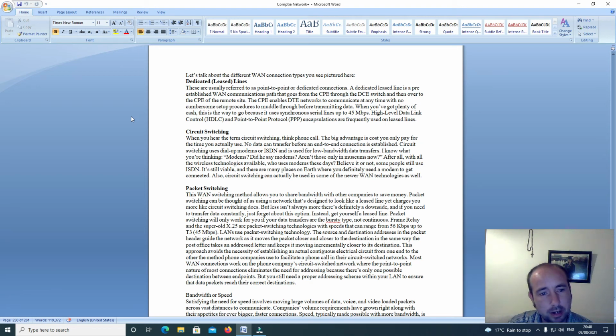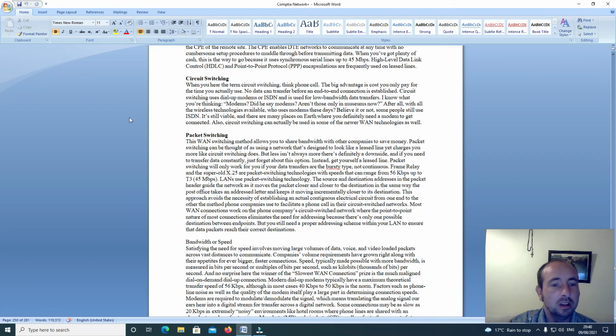When you've got plenty of cash, this is the way to go because it uses synchronous serial lines up to 45 megabits per second. High-Level Data Link Control (HDLC) and Point-to-Point Protocol (PPP) encapsulations are frequently used on these lines.